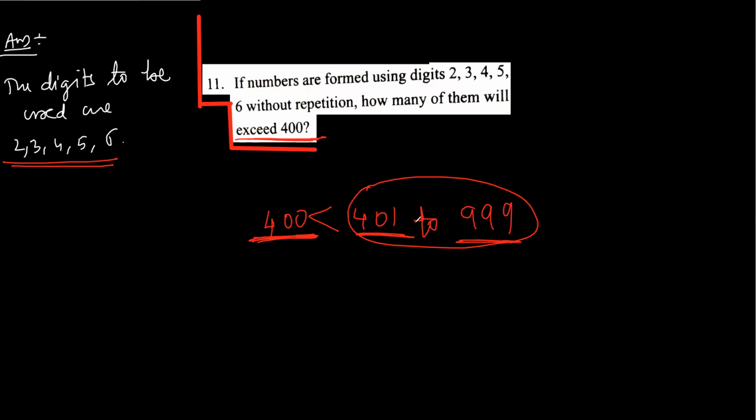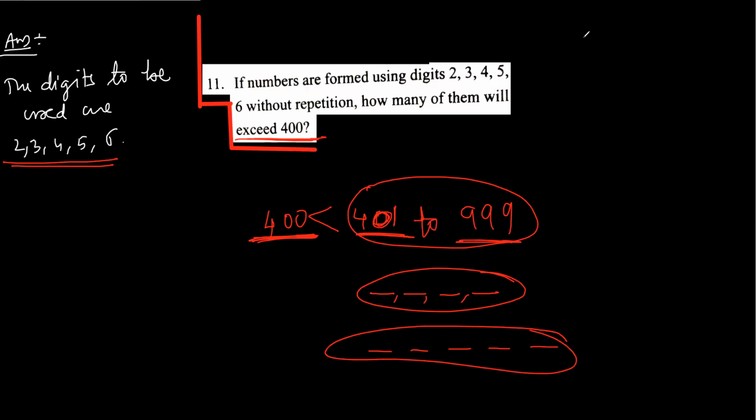So a three-digit number will be 401 to 999. Then four-digit numbers, there will be many four-digit numbers. They all will be greater than 400. Obviously, any four-digit number will be greater than 400. Okay. And then a five-digit number will definitely be greater than 400.